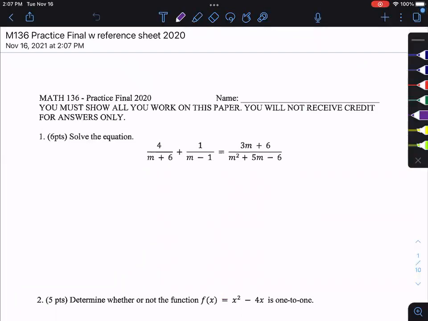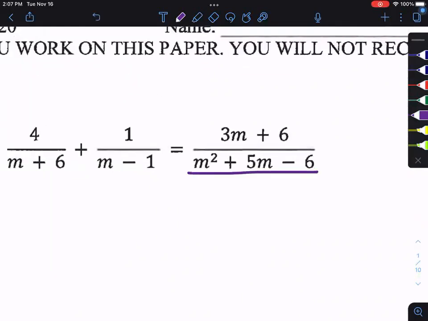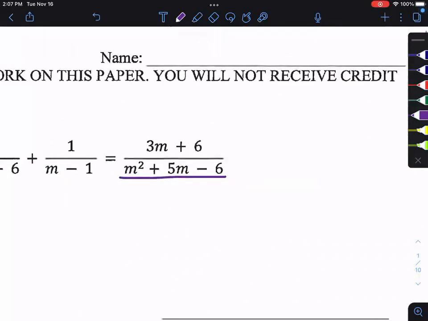All right, so question number 1, we're going to solve the equation. In order to solve this equation, we need to find the common denominator. To find the common denominator, we first of all want to start off by factoring this right here. So if we factor that, we're going to use the asterisk.